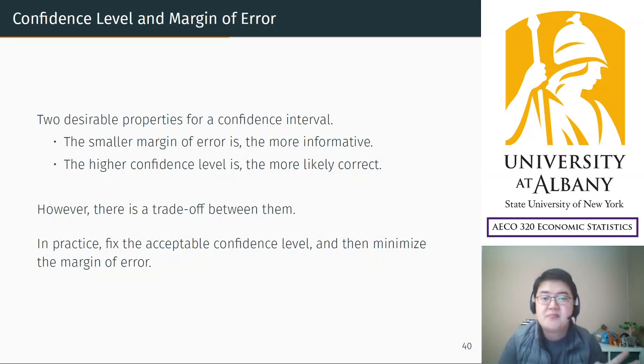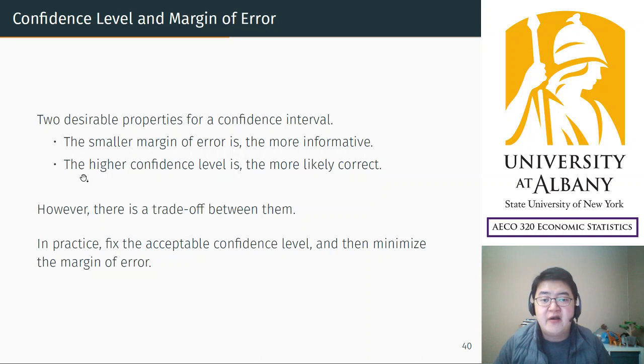But on the other hand, you also want a higher confidence level. Literally, it's about the probability of correct estimation. Who wants a lower confidence level? Whenever you estimate something, you want to get it correct, and a higher confidence level means a higher probability of correct estimation. But as I said, there's a trade-off between them.